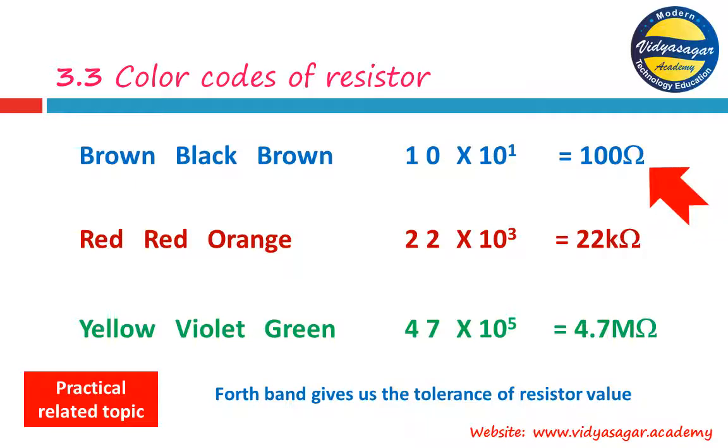Now suppose on this resistor the fourth color ring is golden. In that case its tolerance, the manufacturing error present, will be plus minus 5%. So the value of this resistor may be from 95 ohm to 105 ohm. So that will be the range of the resistor.